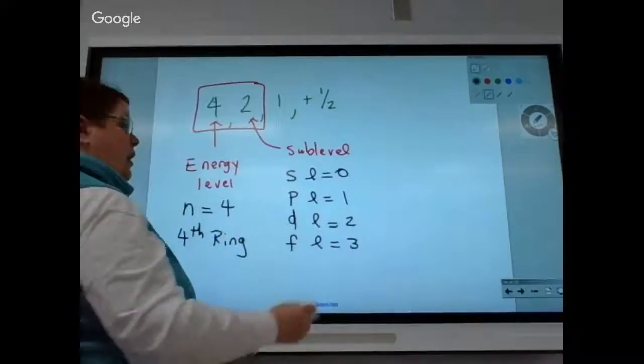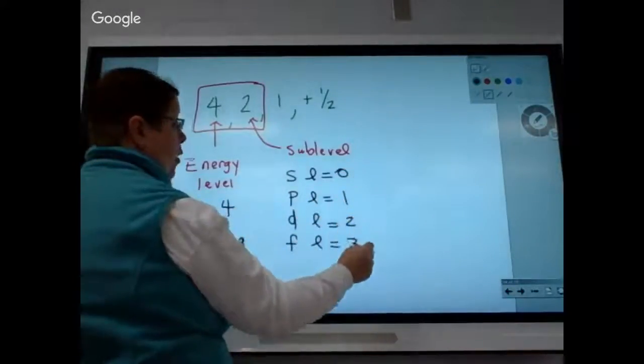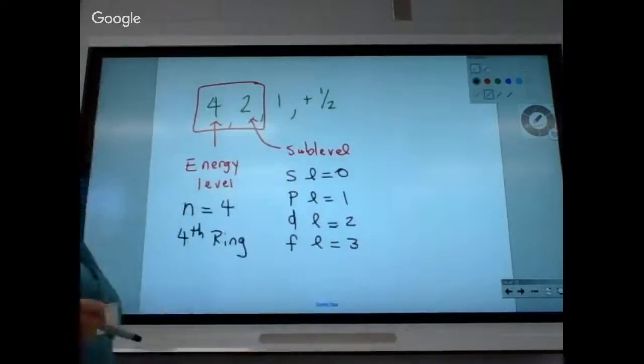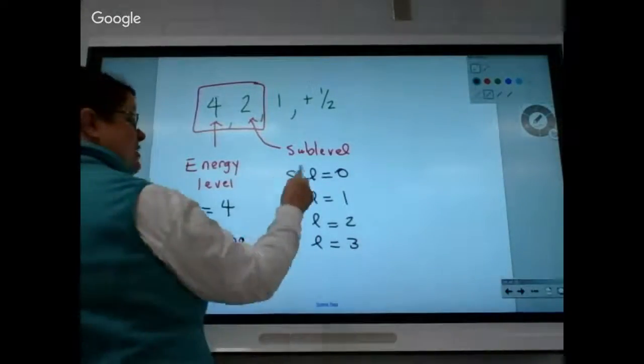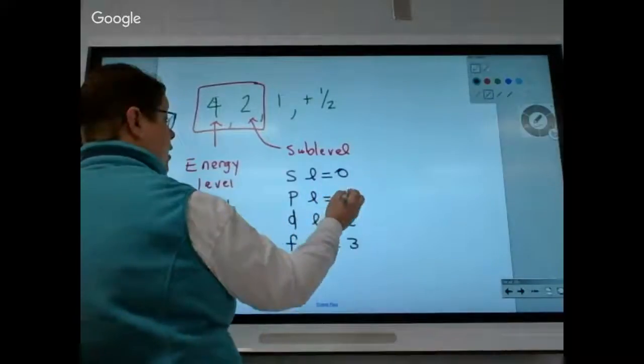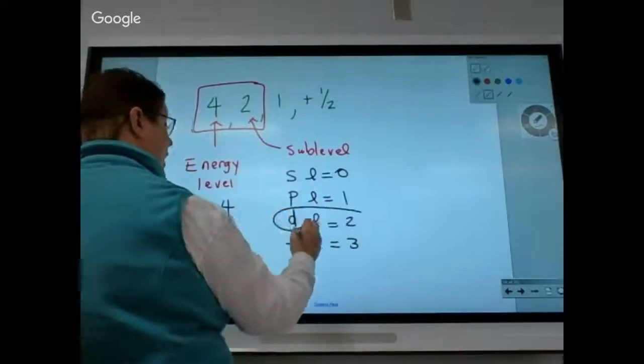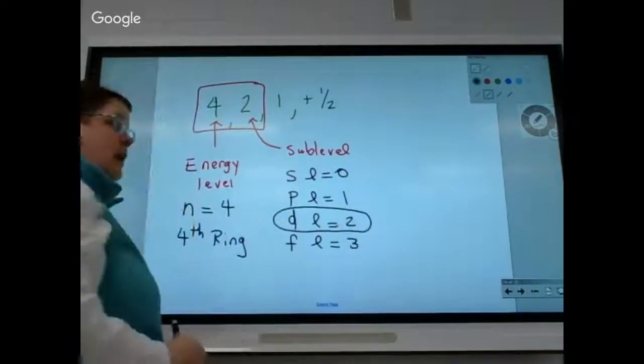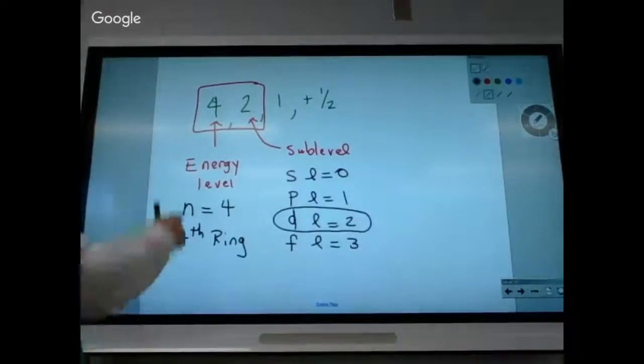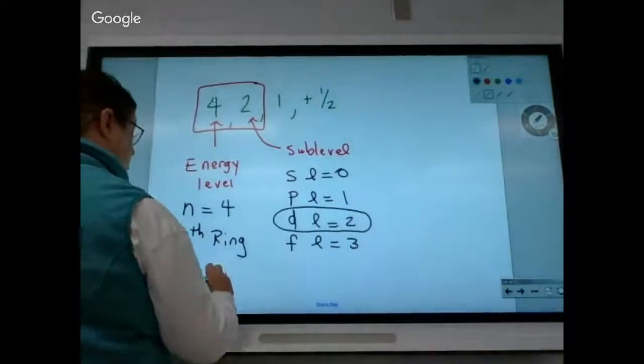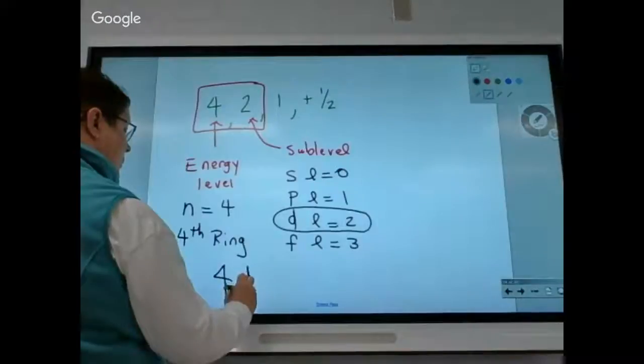People automatically go 1, 2, 3, 4. So when they see that 2, they want to say it's P. They forget that S starts at 0. So when I said 2, I'm actually talking about D. So this would be the fourth ring, and this would be the D sublevel.